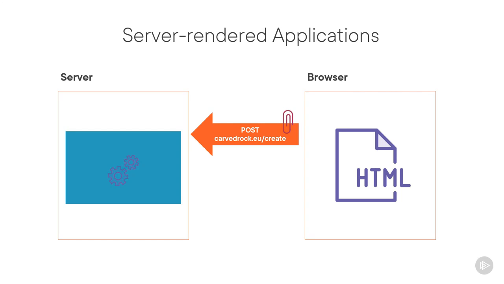The server will take the attachment and process it. Add the product to the database, for example. When it's done processing, it will return HTML again as a response. This HTML page could be a list of products, showing the newly added product, or something that shows a thank you for submitting the product message.